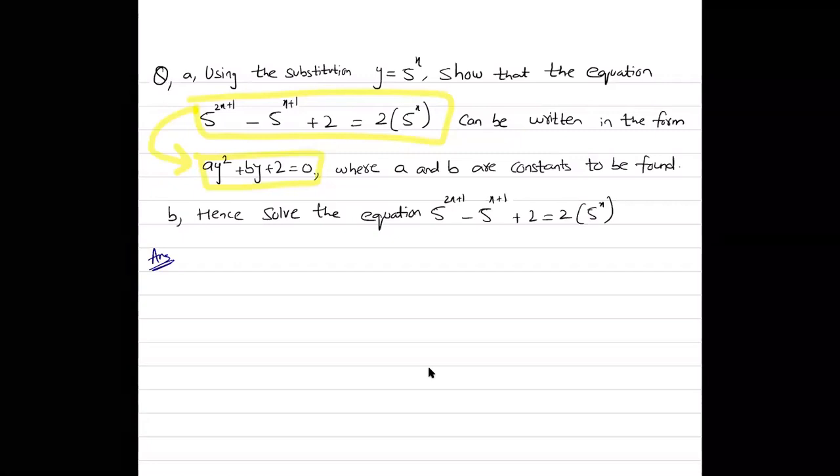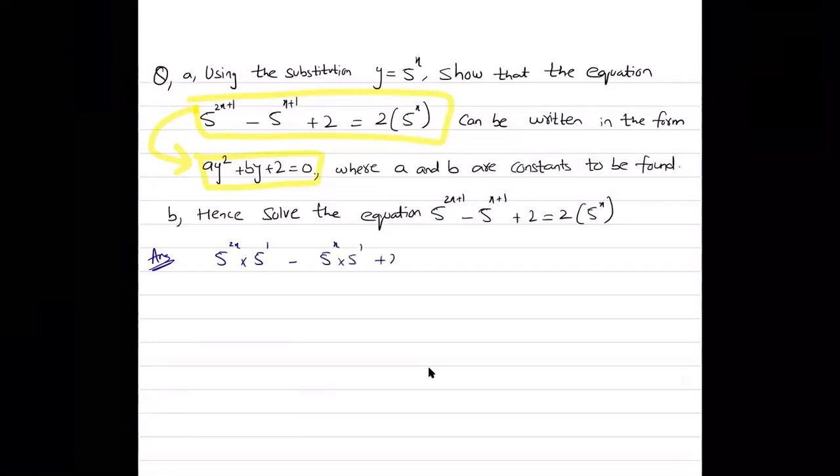Okay. So this is how I would have done it. 5 to the power of 2x into 5 to the power of 1, minus 5 to the power of x into 5 to the power of 1, plus 2, equals 2 times 5 to the power of x. So if I now replace this, for 5 to the power of 2x, I'm going to get y square, right?